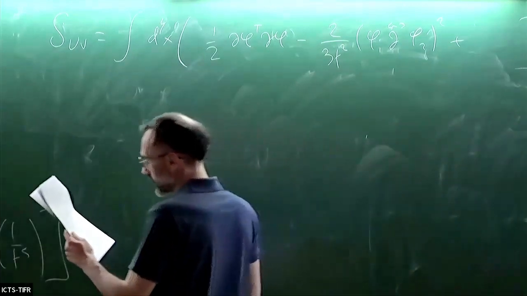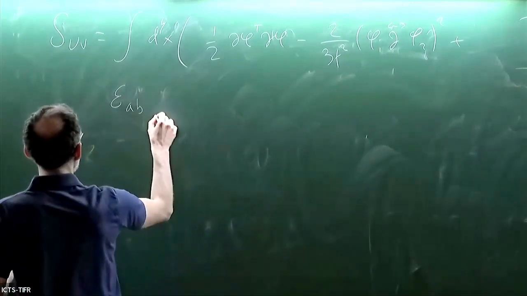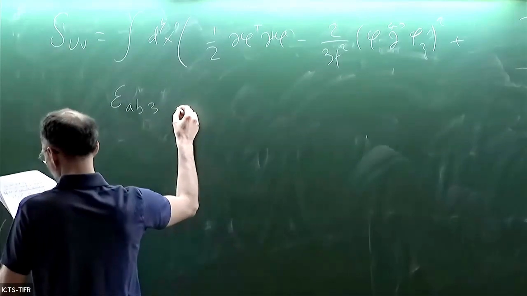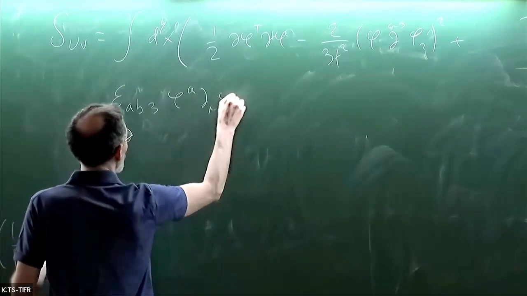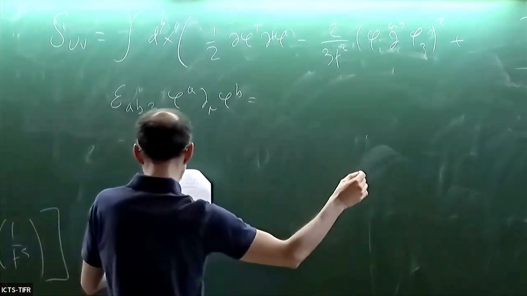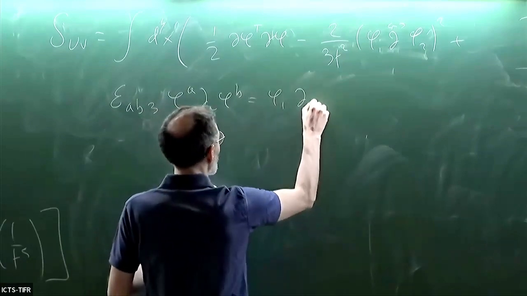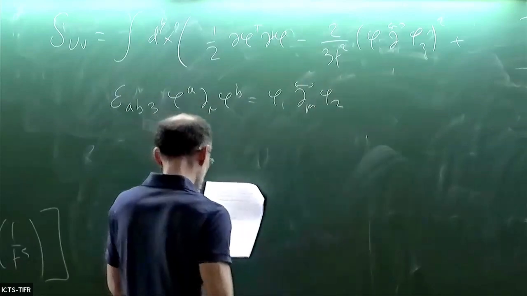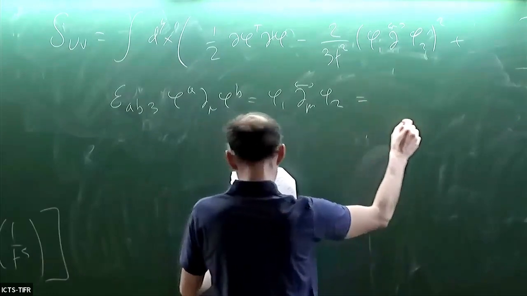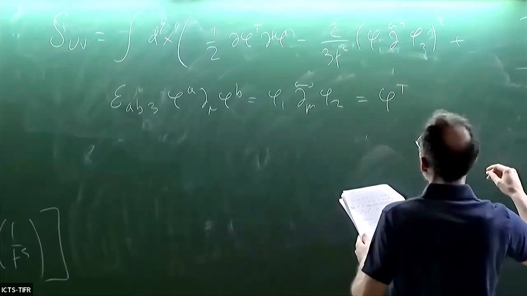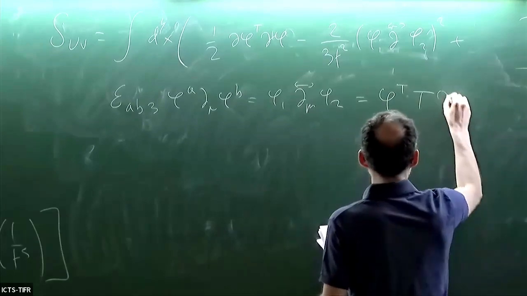One extra bit of information about the type of computation you're doing there is that epsilon AB3 phi A partial mu phi B equals, well, what we just defined as that, phi 1 partial mu left-right phi 2, which one can also write as phi transpose, if you think of it as a matrix, times T partial mu phi.